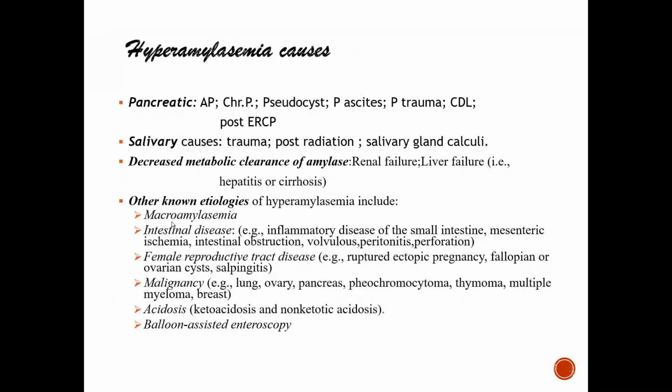So basically, any ischemic condition or inflammatory condition of the bowel can give rise to raised amylase level. Then female reproductive tract disease, for example, ruptured ectopic, fallopian or ovarian cyst, salpingitis, and malignancies right from lung, ovary, pancreas, and so on and so forth. Acidosis, with or without ketoacidosis, and then of course balloon enteroscopy. So this whole list of conditions tells you that there is a wide variety of disease processes which can give rise to raised amylase level.